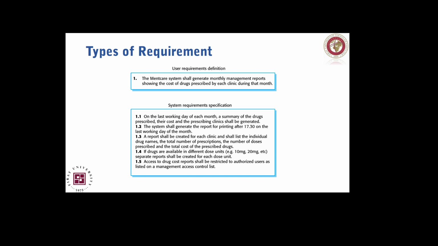That means, do we need to provide the names of drugs or medications, the number of prescriptions, the doses, etc.? Also, if we have different doses of the medications used, should we report them? So they need to be reported separately? If yes, then they have to be listed as system requirements. Also, the access to the cost. Who can access? Doctors or managers or anyone, or we should authorize the access to those.